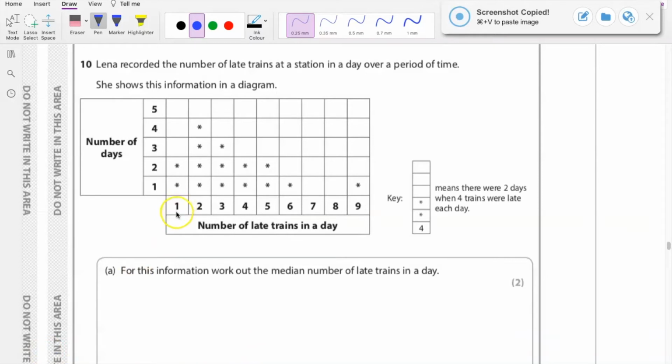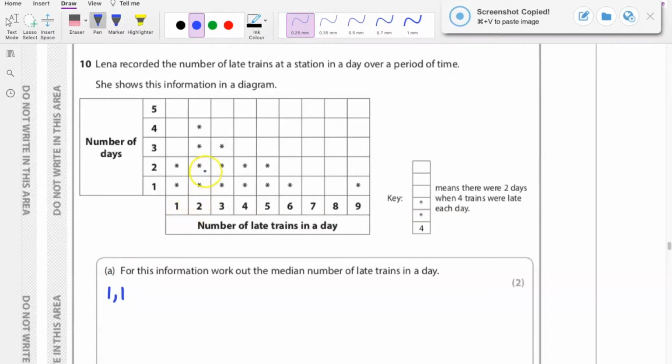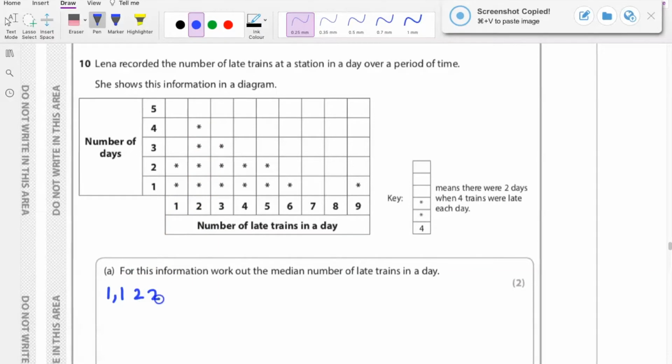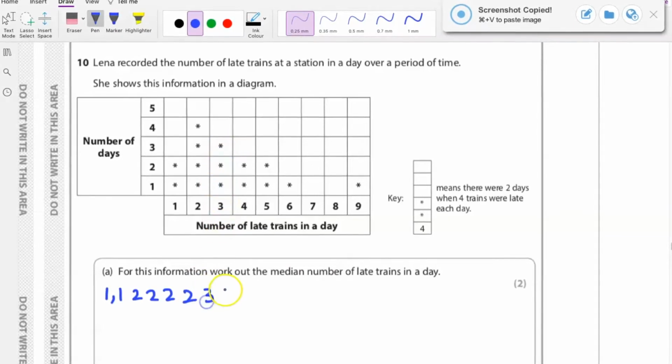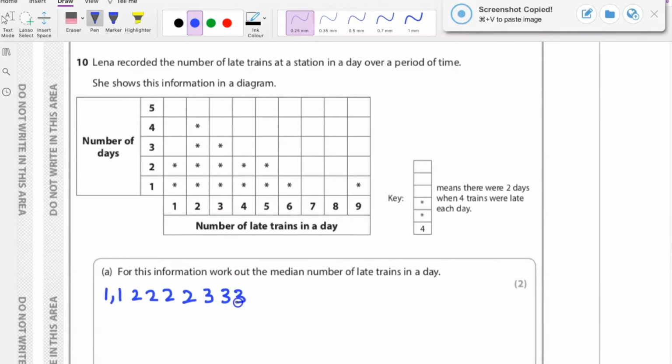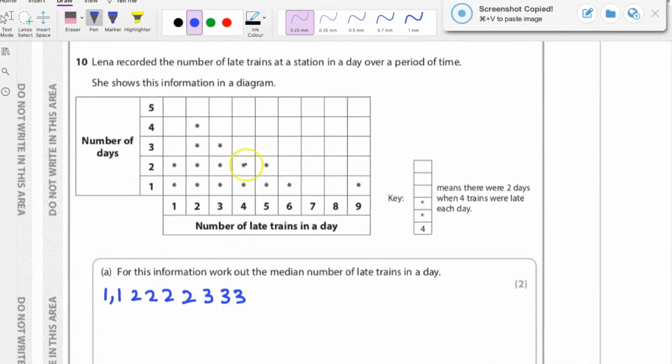Therefore, for 1, we have 1, 2, 3, 4. For 2, we have 1, 2, 3, 4. For 3, we have 1, 2, 3. For 4, we have 1, 2.